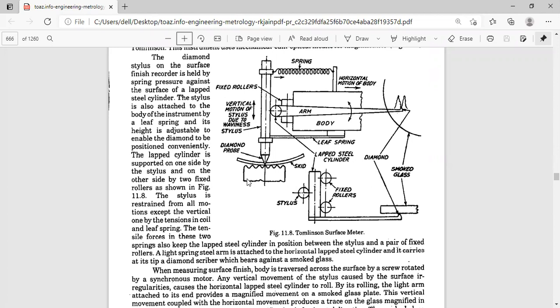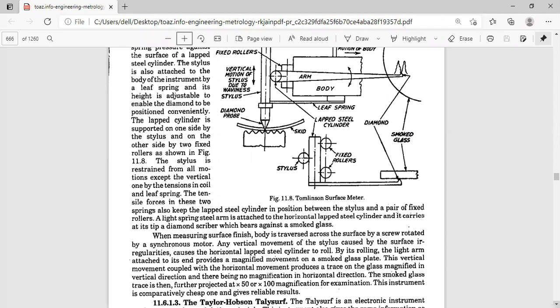Sometimes the waviness will dominate the roughness, but depending upon the surface, to test only the micro geometrical irregularities of the primary texture like roughness, you measure on this trace on the smoked glass screen, just like a screen of a profile projector.